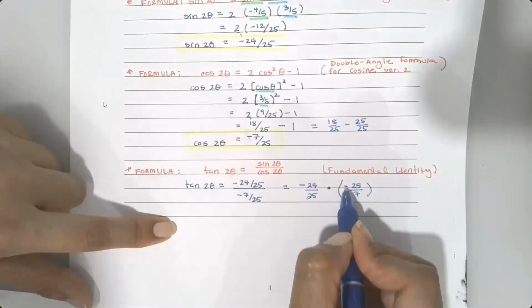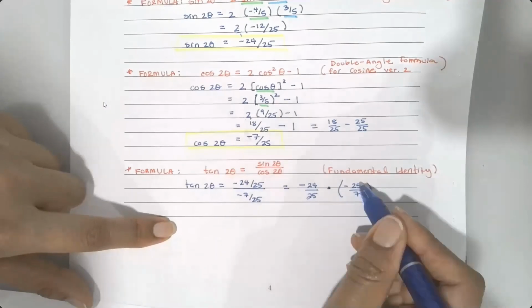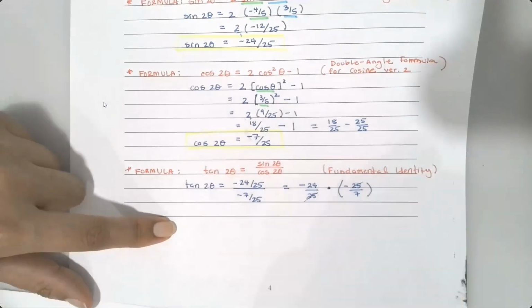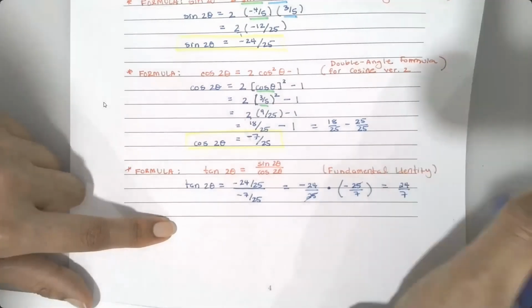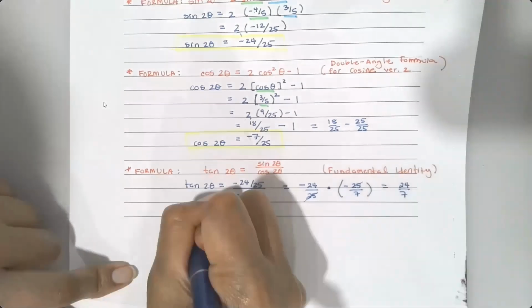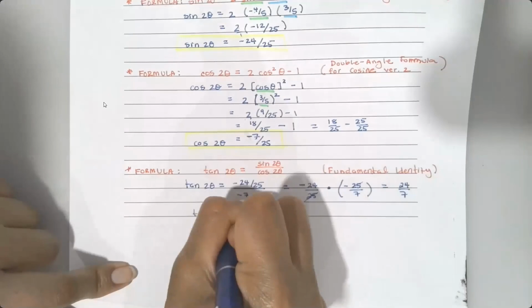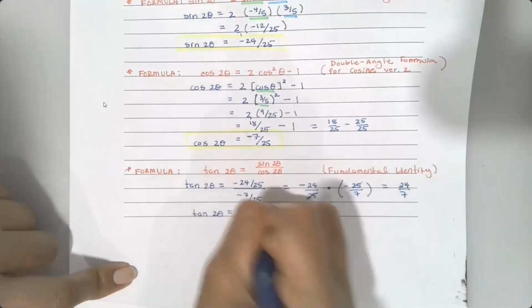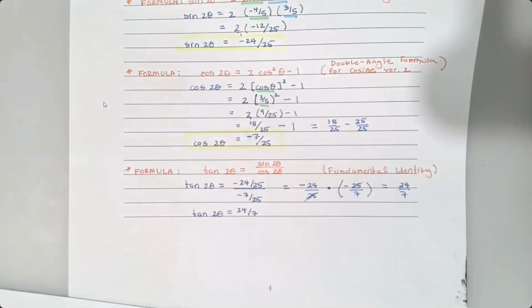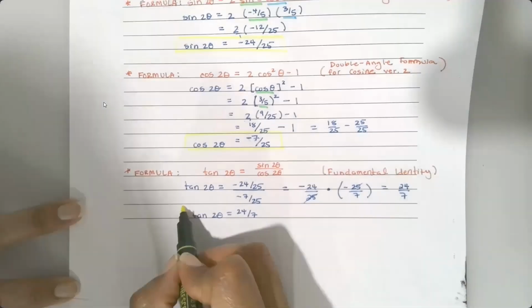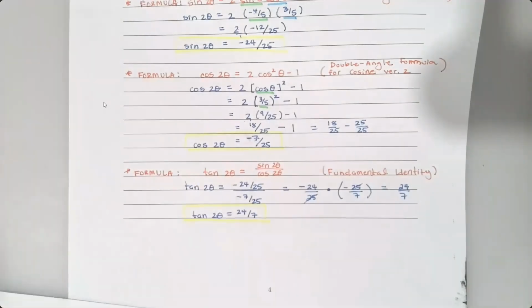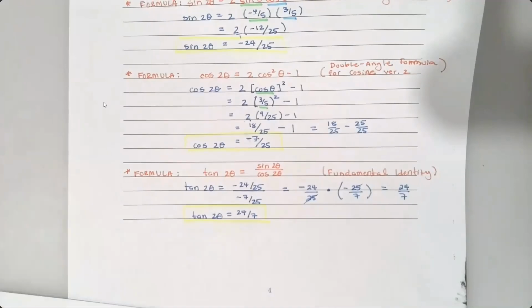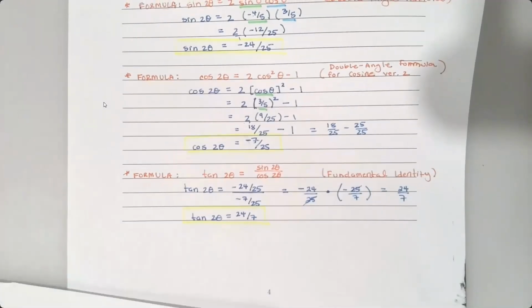Negative times negative becomes positive. The 25 in the numerator cancels out the 25 in the denominator, leaving us with just a positive 24 over 7. So as our final answer for this, we get tan of 2 theta is 24 over 7. Any questions there?